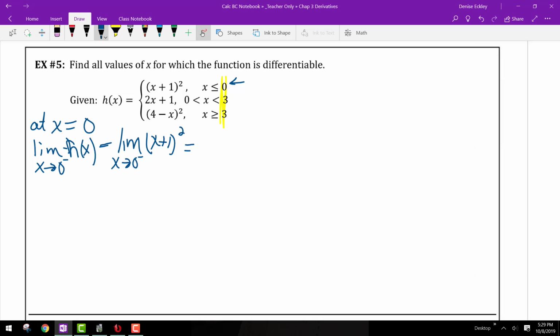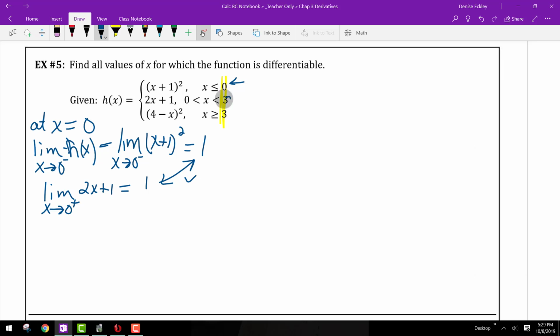So that's going to give us 1, and then we want to take the limit as x approaches 0 from the right, and that is going to be 2x plus 1. So when we substitute 0 in, we get 1. These are equal, so it is differentiable at 0.